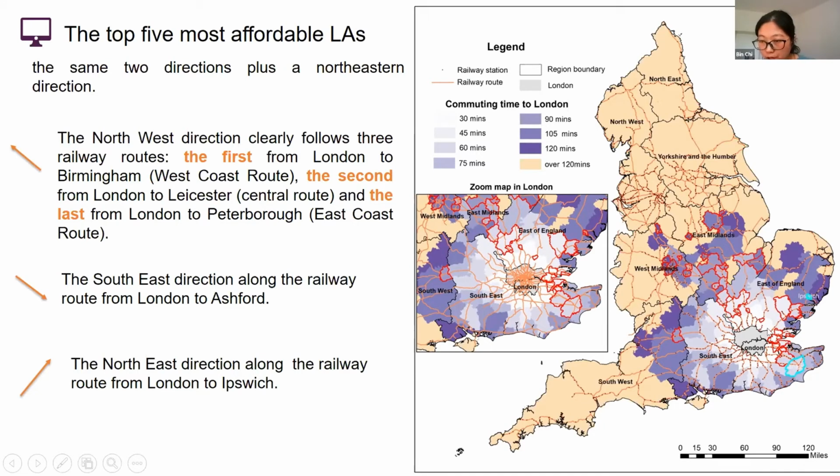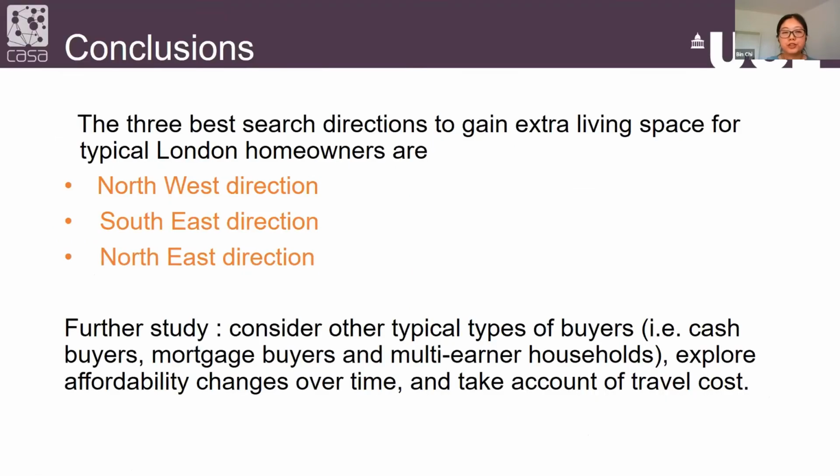And the new direction that occurs is from London to Ipswich. So these three directions are what we explored in this research. By searching in these directions, you can gain the biggest actual space for a typical London homeowner.